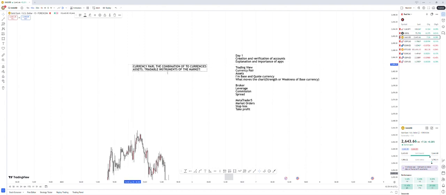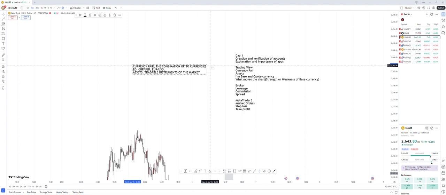Okay, so let me give you examples of the currency pairs first. So examples, we have GBP/USD. So meaning you are comparing the Great British Pound to the US dollar. Do you understand? We have another one, EUR/USD, the comparison of the Euro versus the US dollar. Let me use our local comparisons.